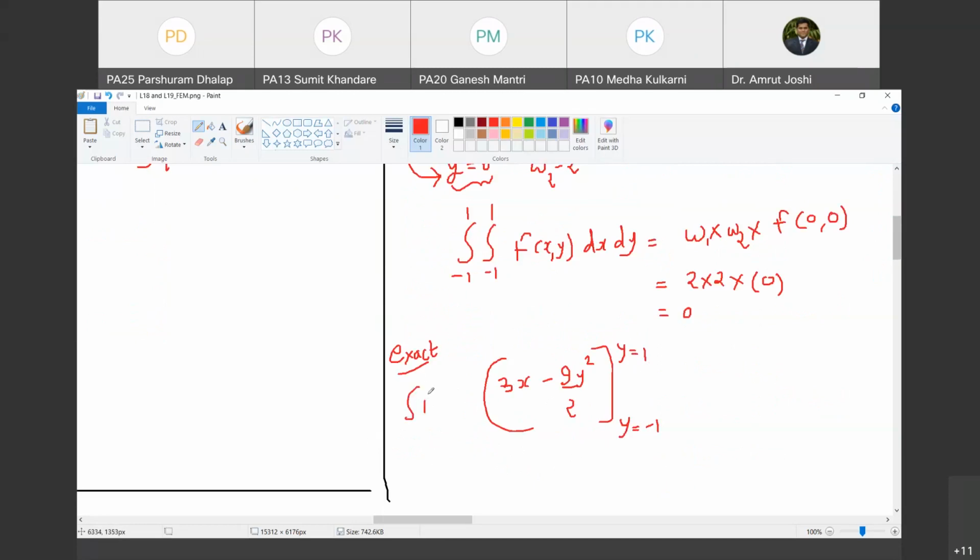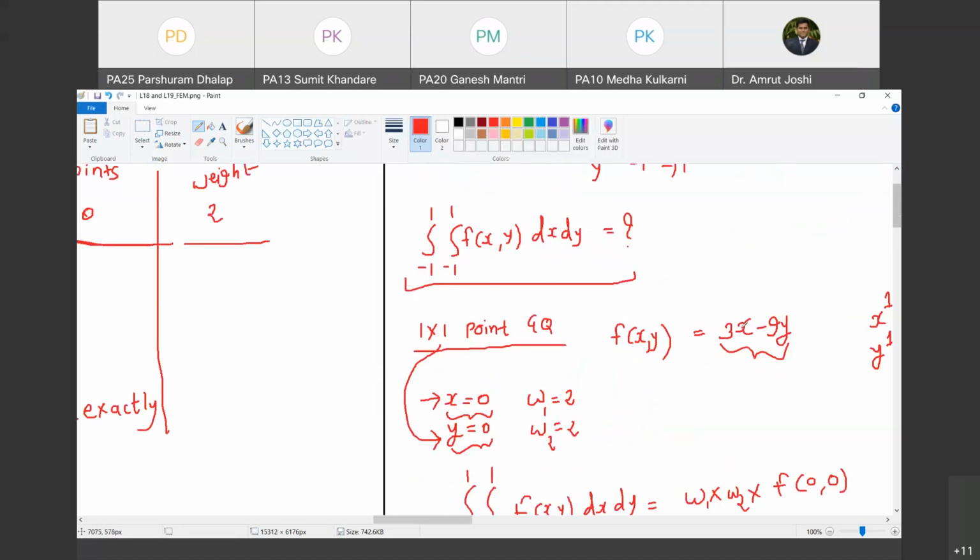This is integration of f of xy dy from y equal to -1 to 1. Happy? Yes, sir. So what is that integration? Tell me. As y has the even power, this term is going to vanish.